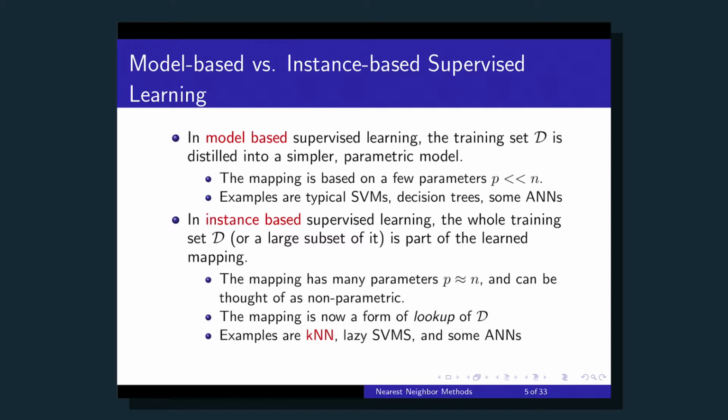You just dump the training data set into memory, and whenever you get a new instance, you look up from the data set the closest instances, the nearest neighbors, so to speak, and then classify accordingly. So obviously, k nearest neighbors is an example of an instance-based supervised learning method. Like I said, some lazy SVMs can be considered instance-based learning, and certain classes of ANNs can also be considered instance-based learning.